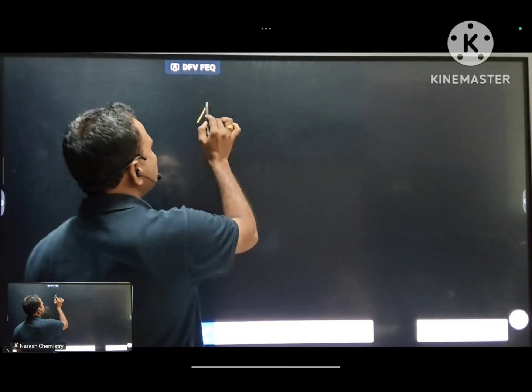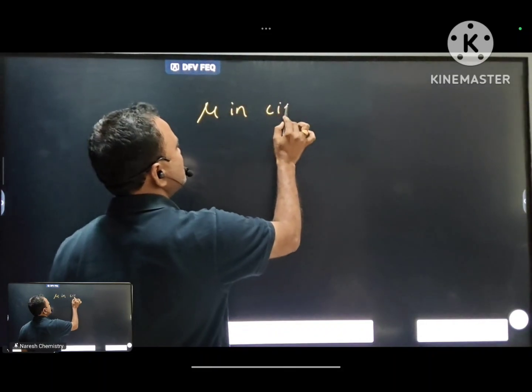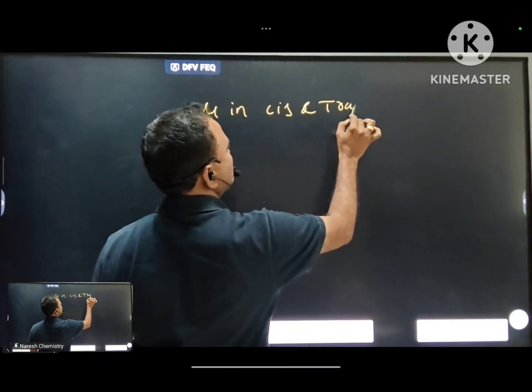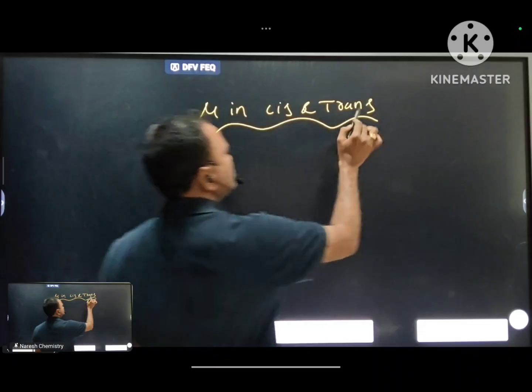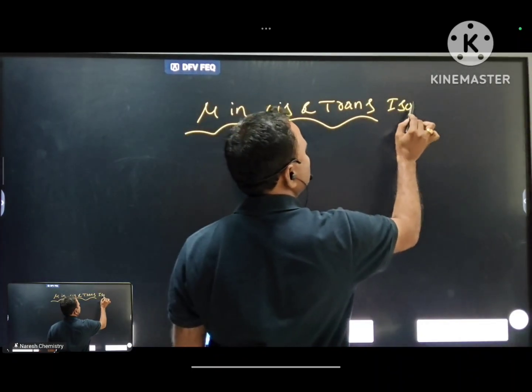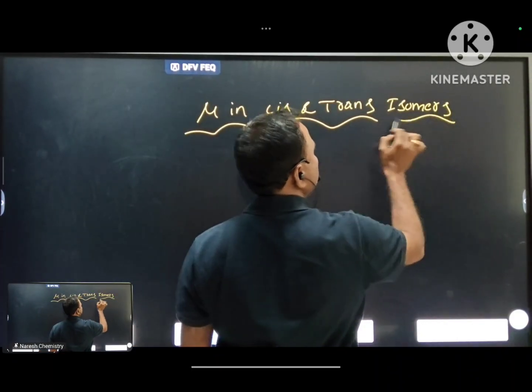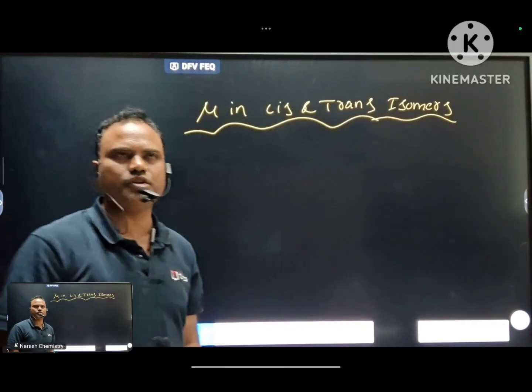Next, mu in cis and trans isomers. Dipole moment in cis and trans isomers.